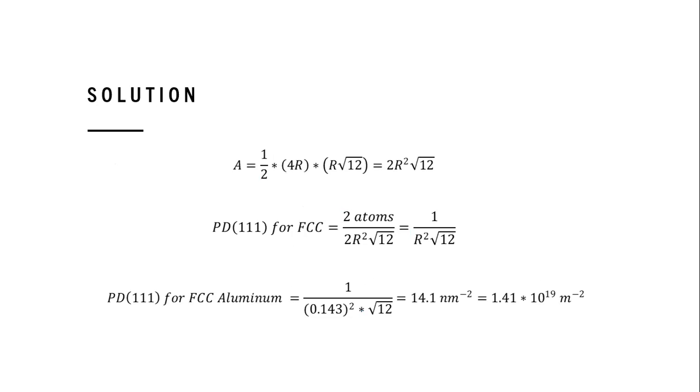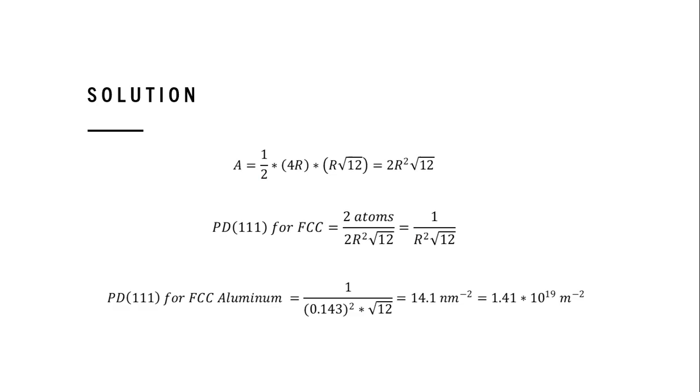If we put this all together in the area for the triangle or the plane, we get 2r squared times the square root of 12. So we can conclude from this that the planar density for the 1, 1, 1 plane for FCC will be 2 atoms over 2r squared times the square root of 12, which is the area of the plane.